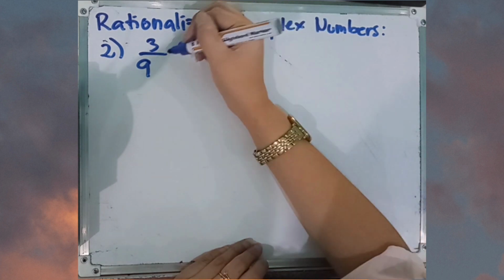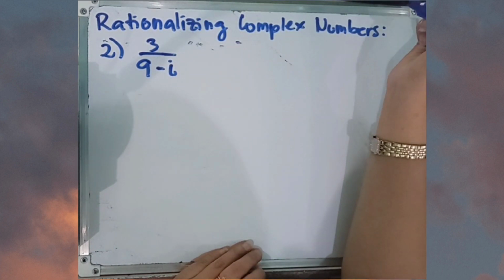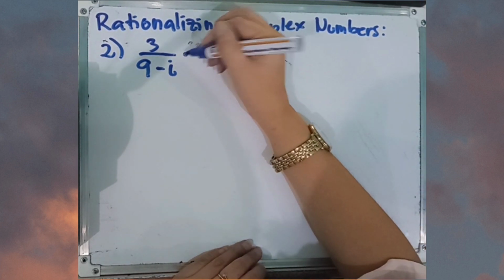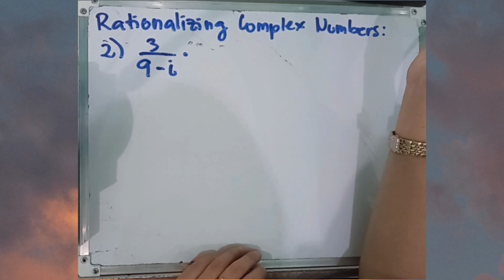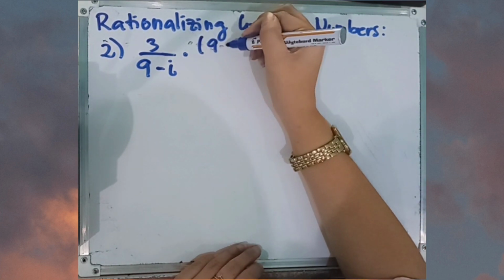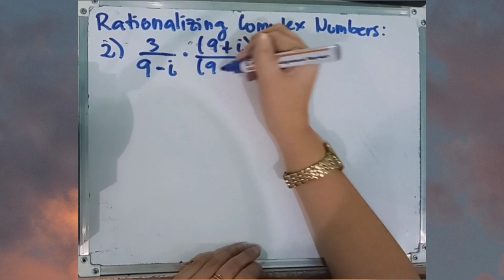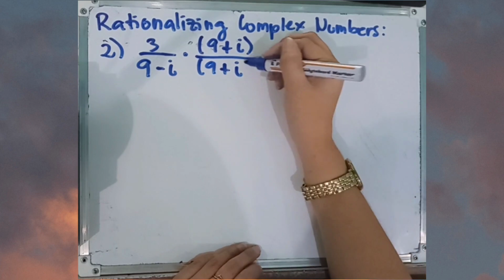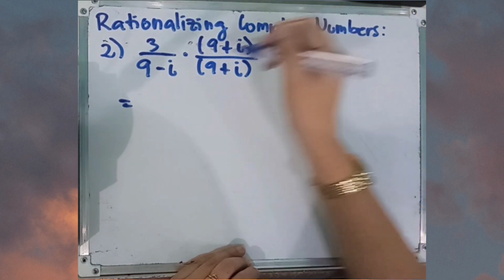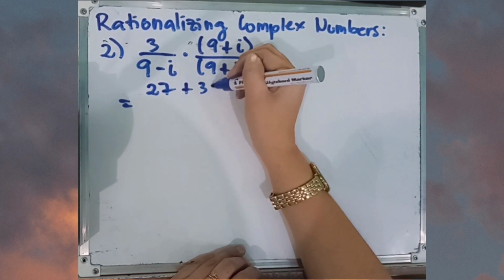3 over 9 minus i. So if we would rationalize, the very first thing is to multiply the numerator and the denominator by the conjugate of the denominator, and the conjugate is 9 plus i over 9 plus i. So multiplying the numerator, that's 27 plus 3i.